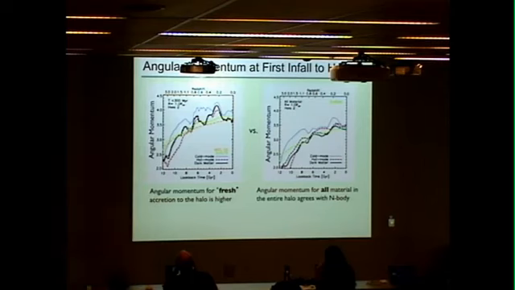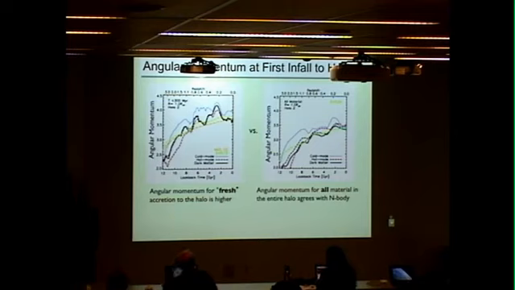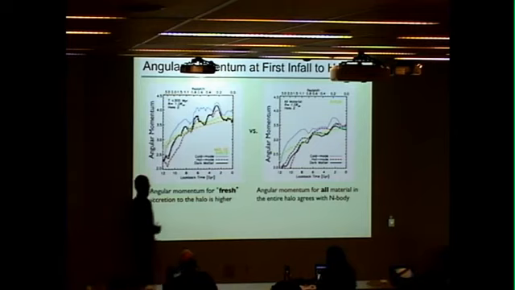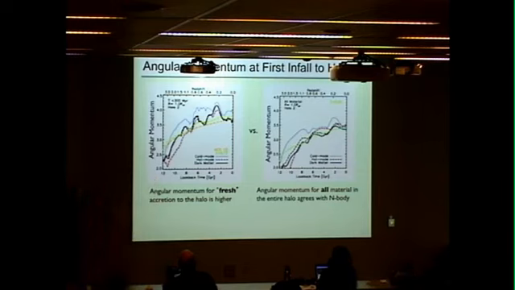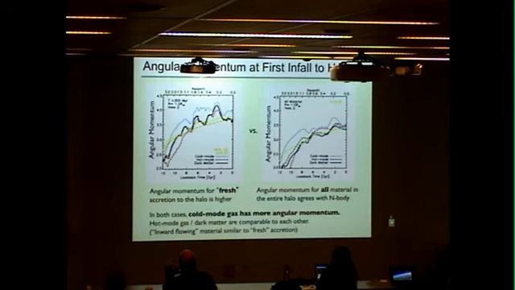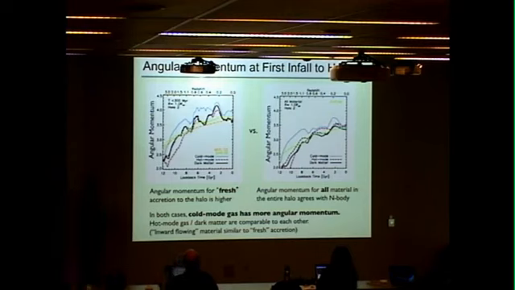But again, the cold mode gas is just systematically higher than everything else. So something's different about the cold mode gas in terms of its angular momentum content compared to the hot mode gas or the global average or the dark matter, even when you're looking at stuff that's coming in just very recently. It has more angular momentum, whereas the hot mode and dark matter are comparable to each other.